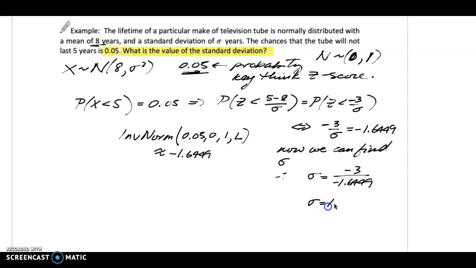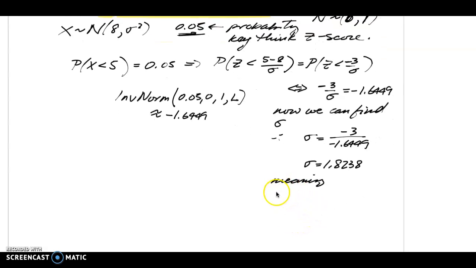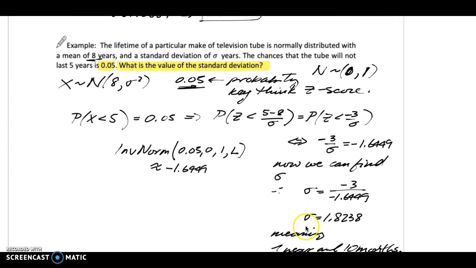Sigma then is equal to 1.8238, meaning it will last 1 year and 10 months. There you go. That's how you'd be able to do that.